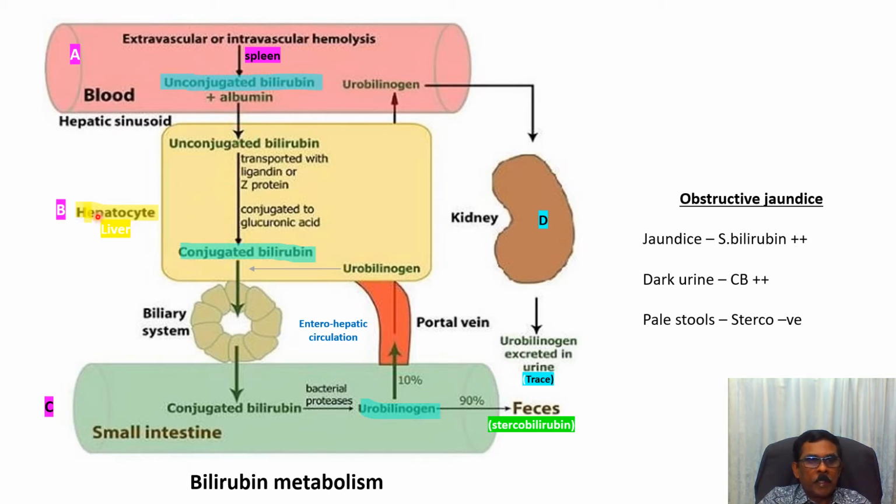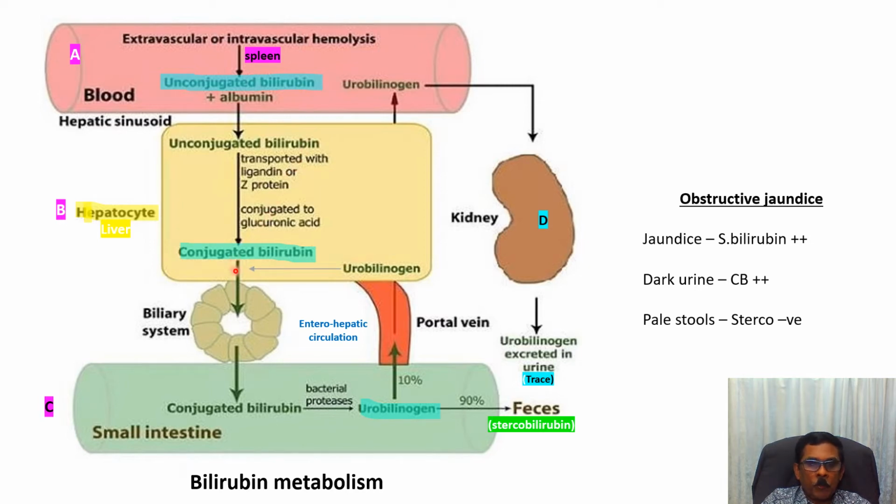This is the second phase, or the second medium, where the metabolism takes place. Within the liver, in a series of chemical reactions, the unconjugated bilirubin is conjugated with glucuronic acid to form conjugated bilirubin, which is water soluble, as compared to the unconjugated, which is not water soluble.